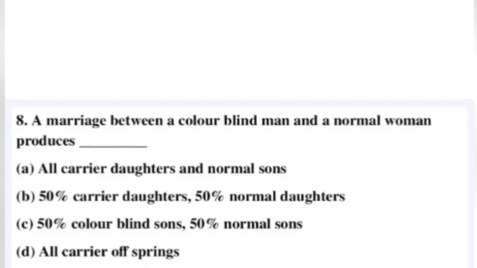A is all carrier daughters and normal sons, B is 50% carrier daughters and 50% normal daughters, C is 50% colorblind sons and 50% normal sons, and D is all carrier offspring. And simply you can work it out here. You know the allele to represent for color blindness, the same way as hemophilia. So just work it out. So what is the answer here? A, all carrier daughters and normal sons.